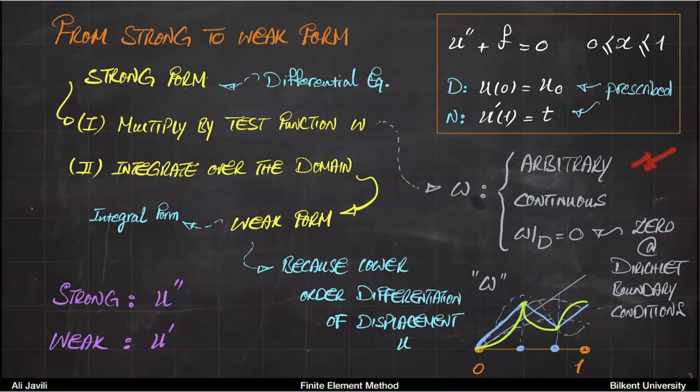We remember the test functions should be arbitrary, they should be continuous, and they should be zero at Dirichlet type boundary conditions. And then on top of that, you need to define a space for them. So you have to say whether they are linear or quadratic or something like that. But that is something we want to discuss later. But the key properties of that test function is here.